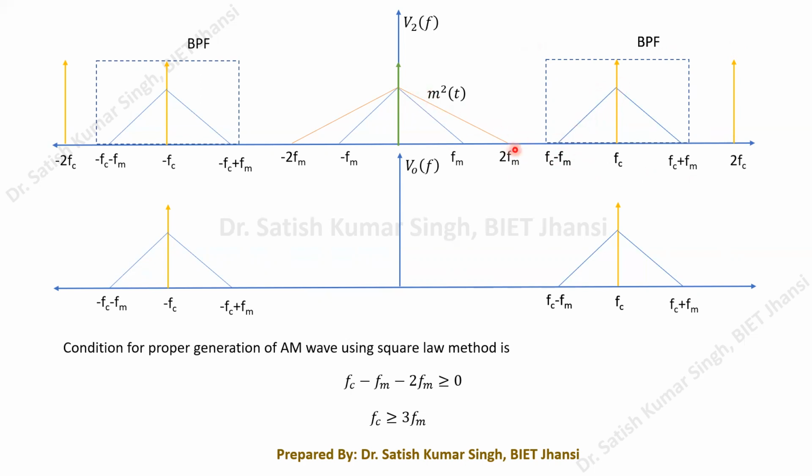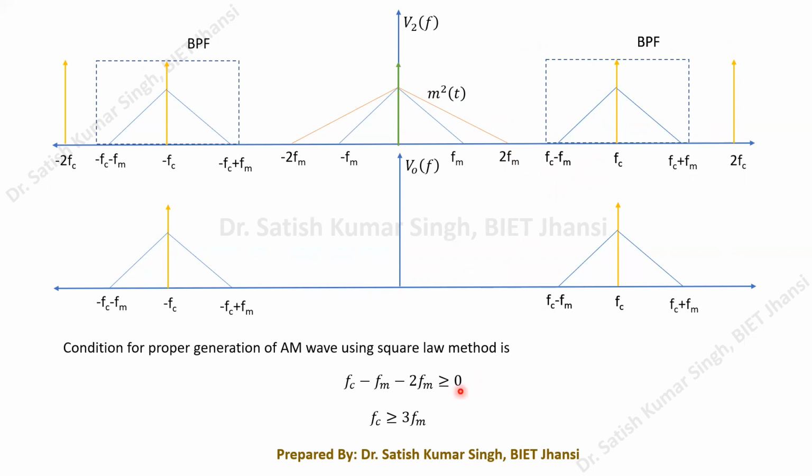So how can we make sure that there is no overlap? By having this particular condition: the difference between this frequency and this frequency should be greater than or equal to 0. It will be good if it is greater than 0.